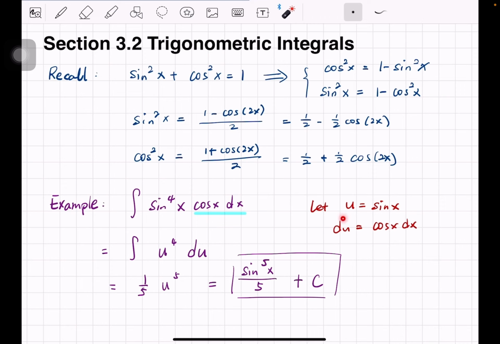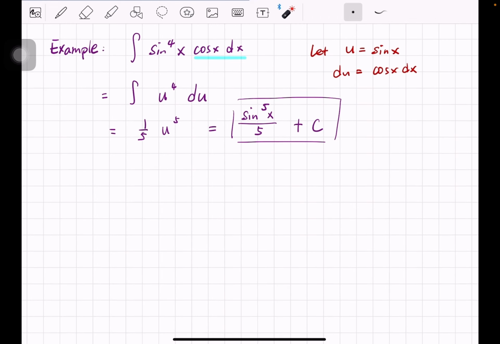So we actually spot the cosine of x dx first, which tells us it is going to be our du, and then we find u, which is sine of x.